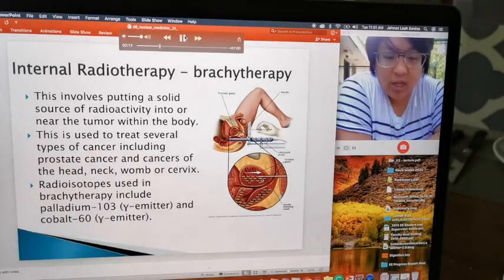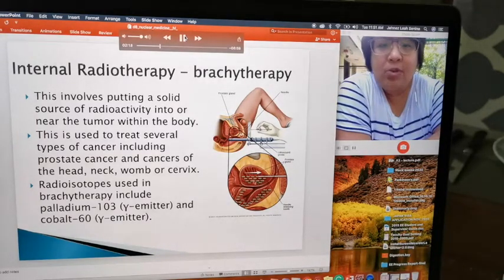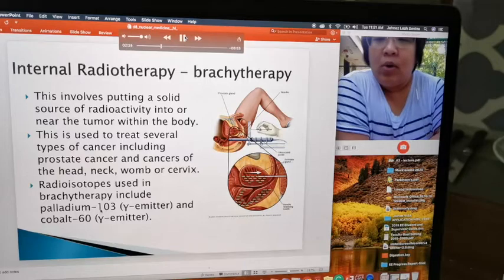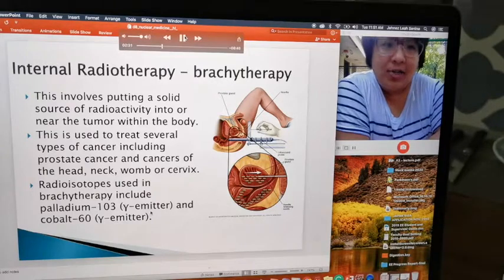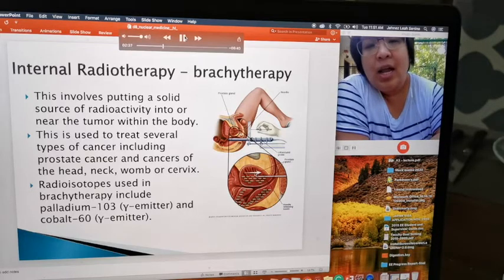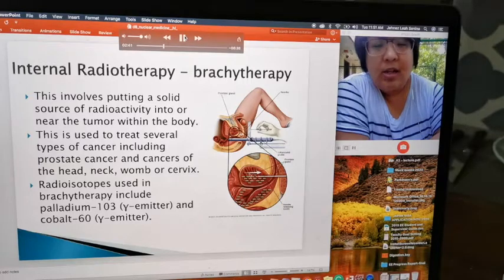We normally use palladium-103 or cobalt-60. These radioactive substances emit gamma radiation. Once inside, it disintegrates and releases gamma radiation, which is enough to kill the cells around the area or the tumor.